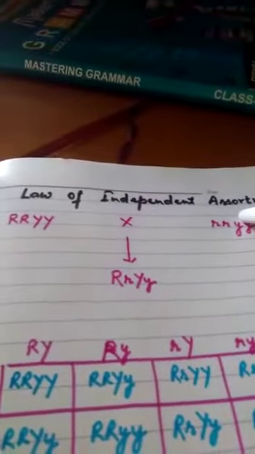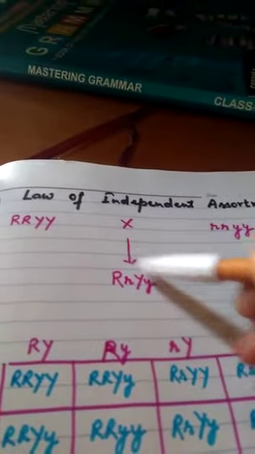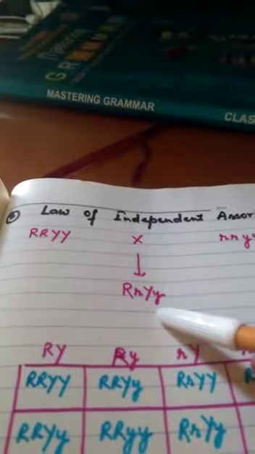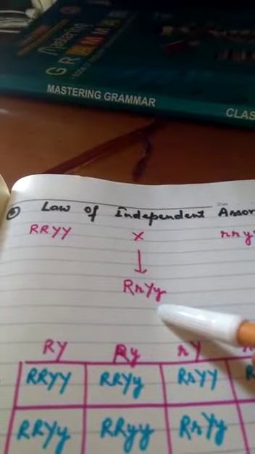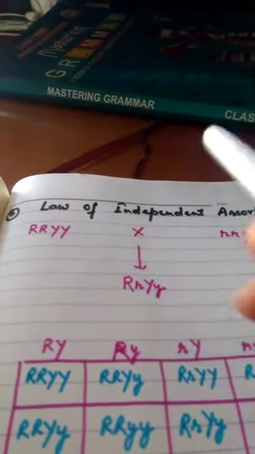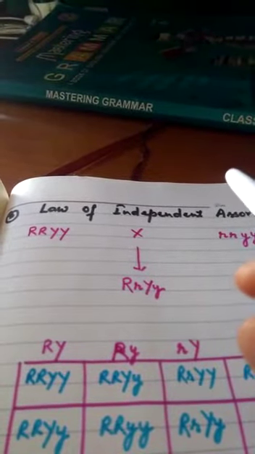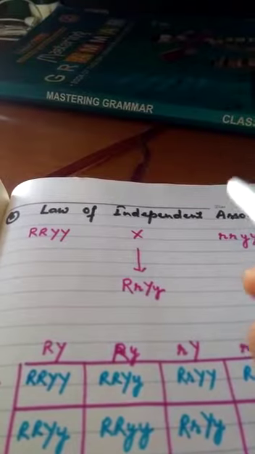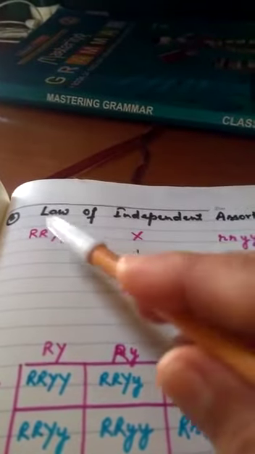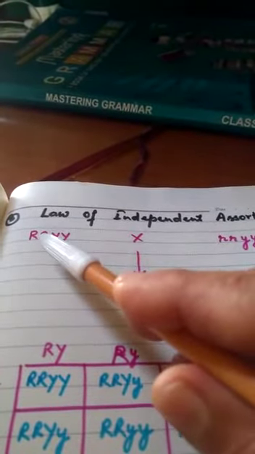The third law is the law of independent assortment. For the law of independent assortment, Mendel carried out a dihybrid cross. Di means two. So a dihybrid cross means one in which two characters are considered.